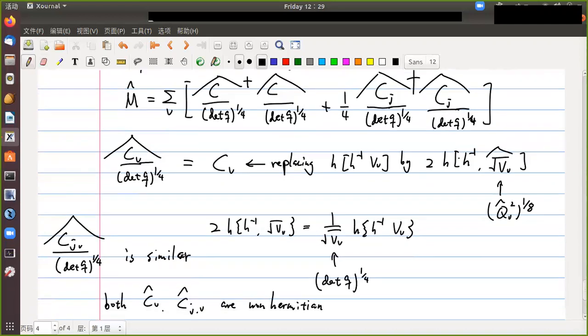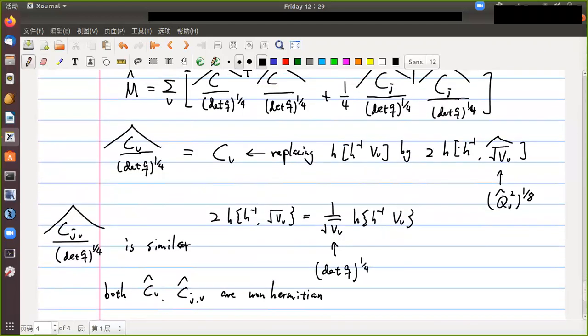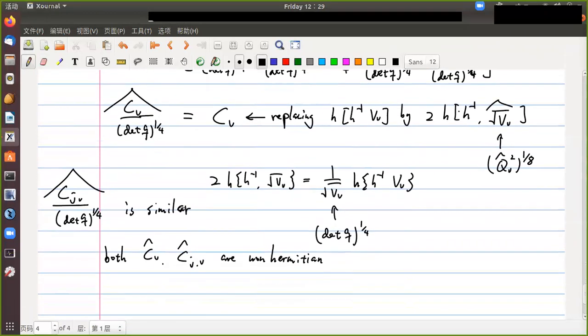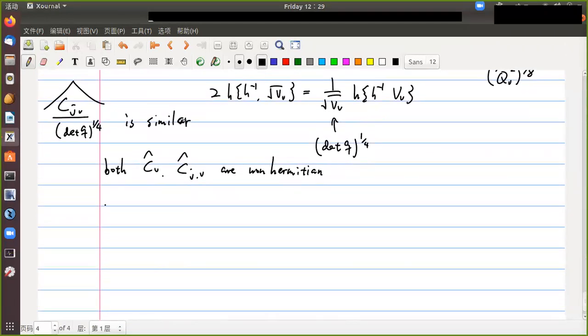But although C_V and C_J are not Hermitian, the master constraint operator is Hermitian.